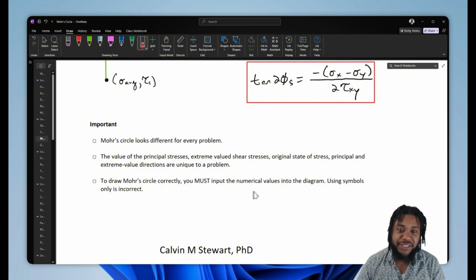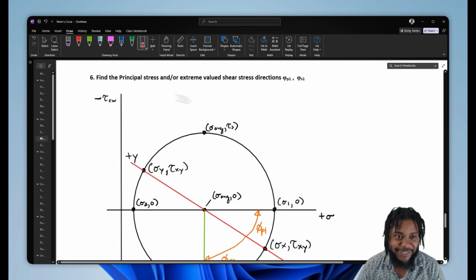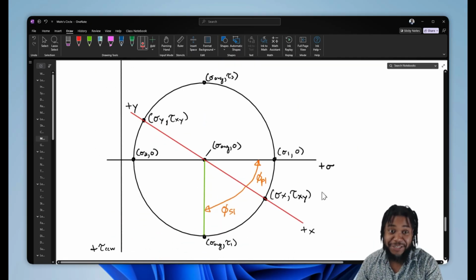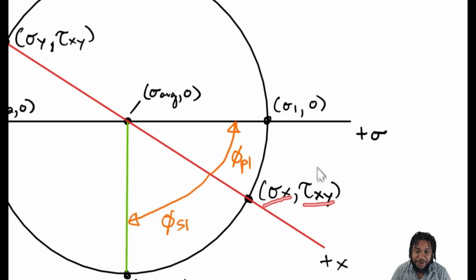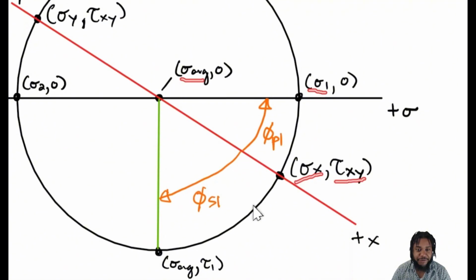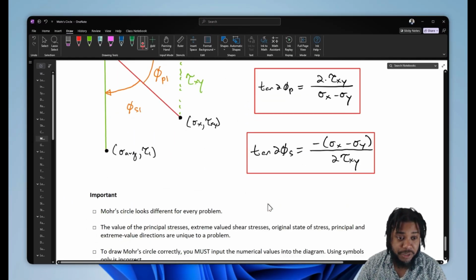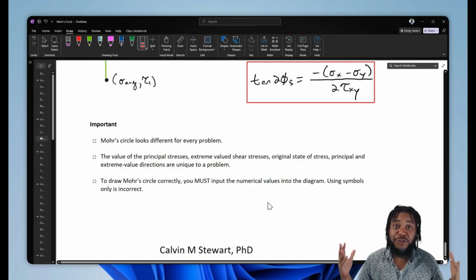Just leaving Mohr's circle as symbols, making a Mohr circle that looks exactly like this, is not actually drawing the Mohr circle for your problem. You're just making a diagram. So we've got to make sure to actually put the numbers in where they go on our Mohr circle diagram for our problems. And that's pretty much it. We know how to make a Mohr circle diagram now.